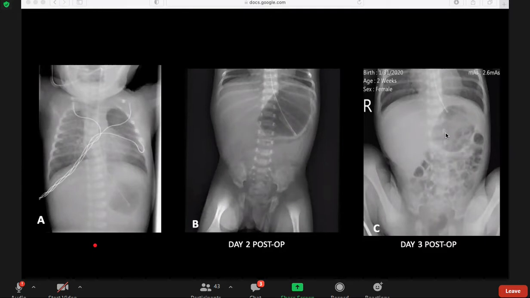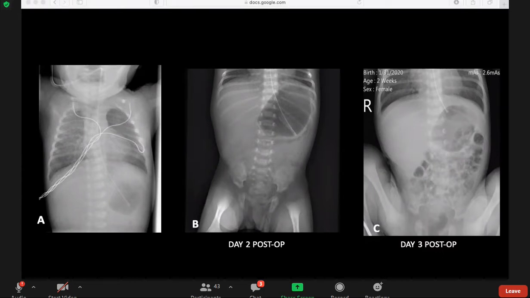this was taken day 2 post-op, wherein there is again note of the gas distended stomach without significant change from image A. However, there is presence of the feeding tube distal tip. There is also now note of minimal bowel gas pattern in both hemiabdomen.